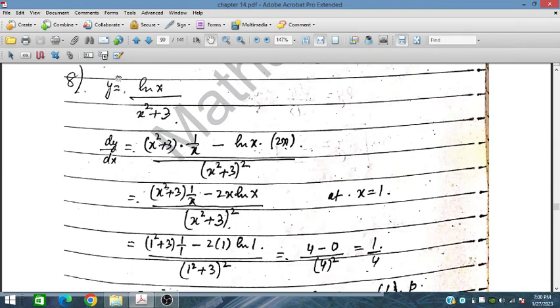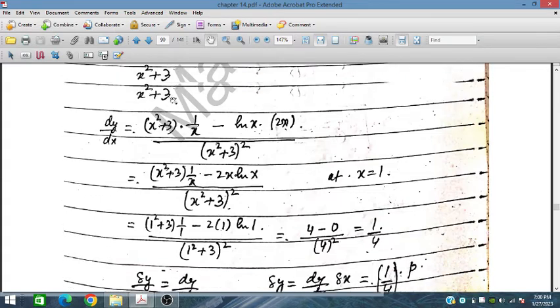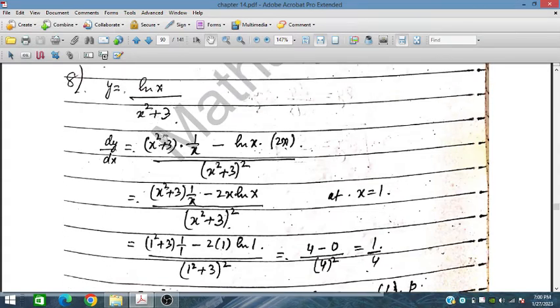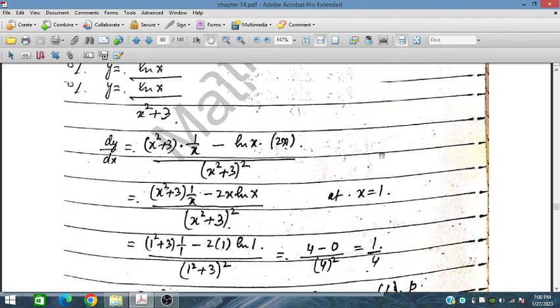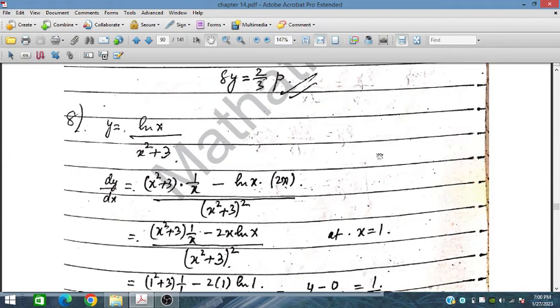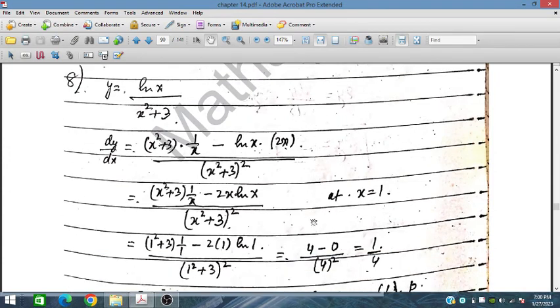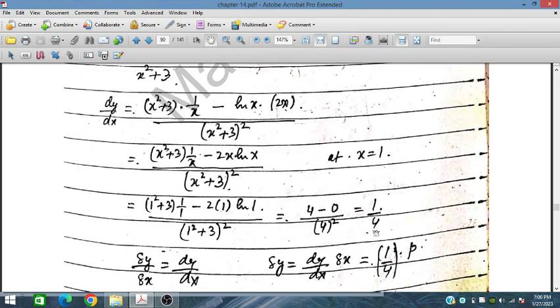So we have y is equal to ln of (x plus 3) over something, and dy by dx is obtained as this. Here we have u and v, and we apply the u upon v differentiation, and on simplification at x is equal to 1, because the initial x value is 1, it is obtained as 1 upon 4.